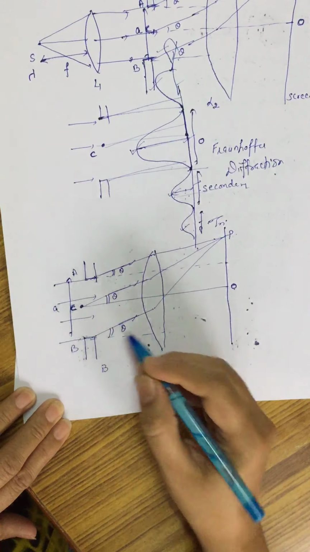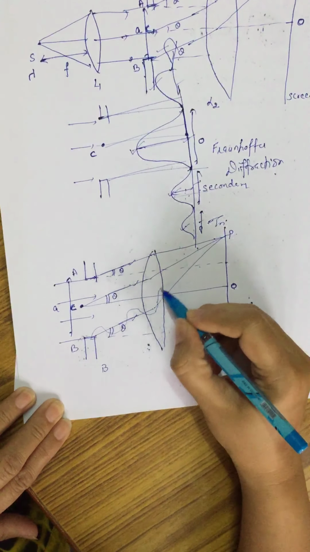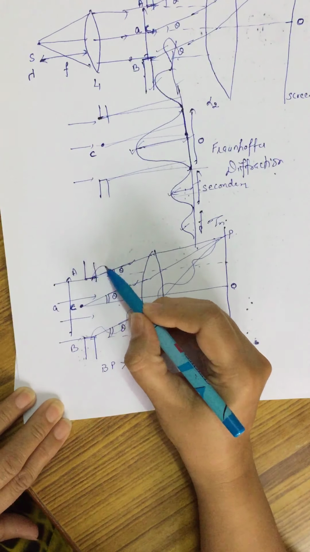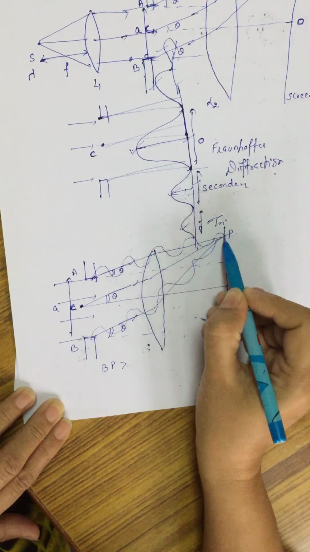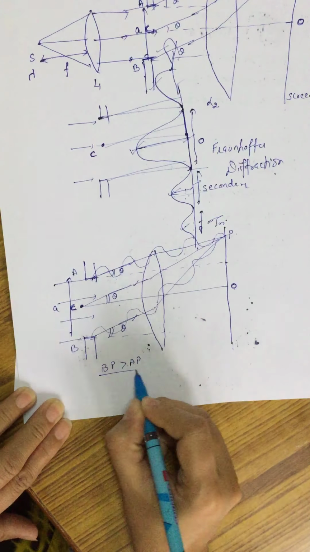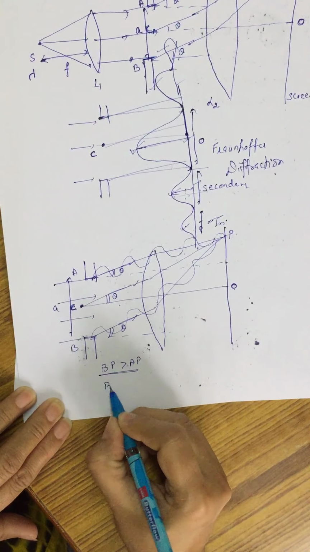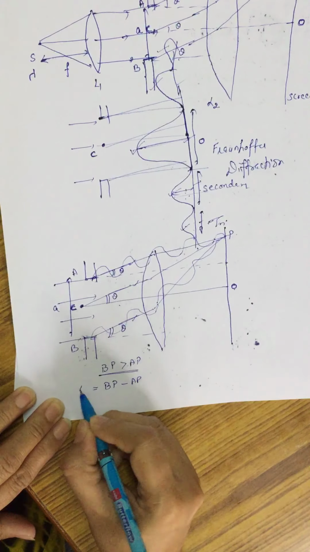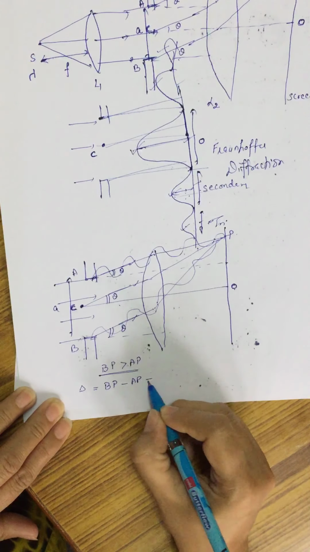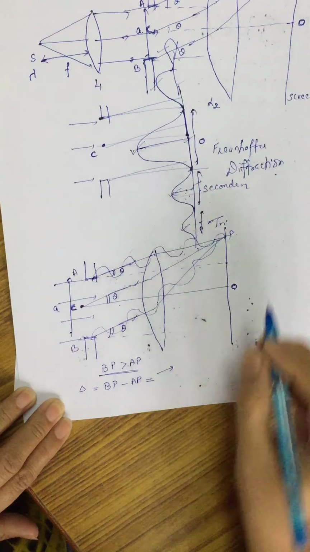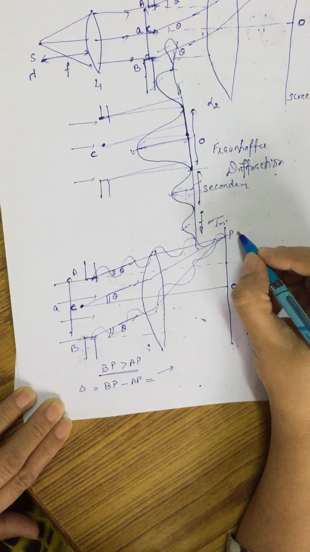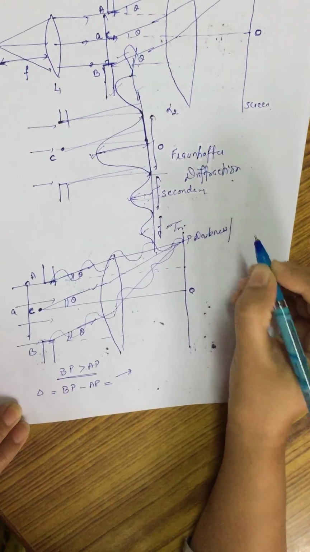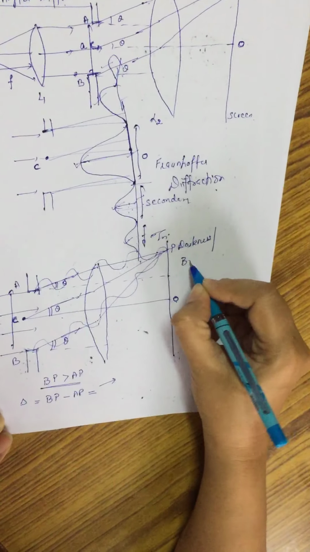Now as we are seeing in the diagram, the distance traveled by the rays coming from B to P is large as compared to the waves coming from A to P, and this difference between the waves from B to P and from A to P gives us the path difference, and this path difference is responsible for producing the fringes of darkness or brightness on the screen.